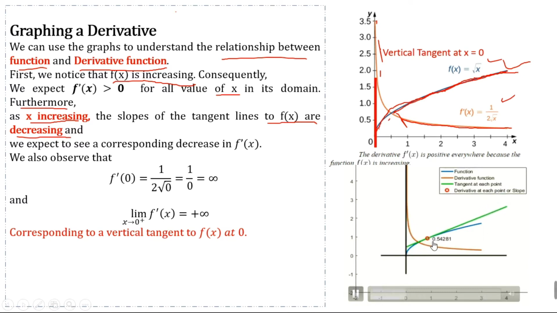and also the derivative of the function is decreasing as x is increasing. This is the derivative of the function at each point. So we expect to see a corresponding decrease in f prime of x.